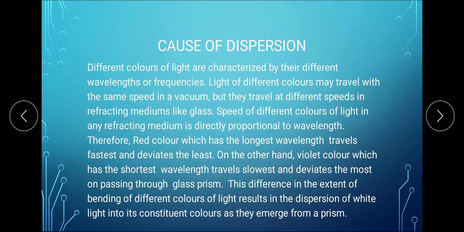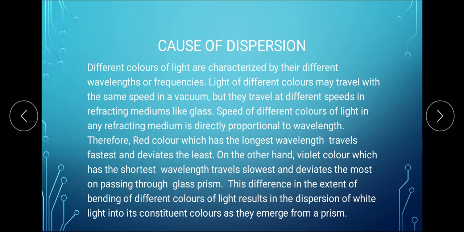We have learnt in 9th standard that V is equal to f into lambda. That means speed of light is directly proportional to wavelength. The color which has longer wavelength will travel faster.